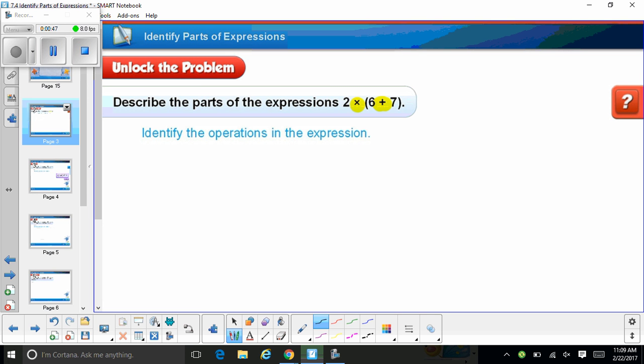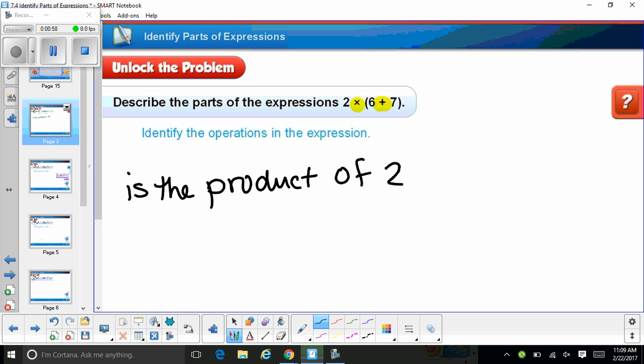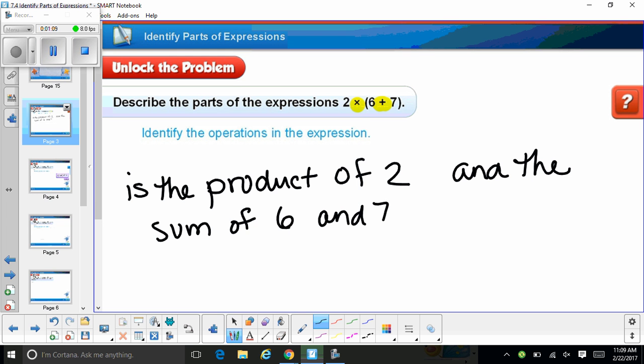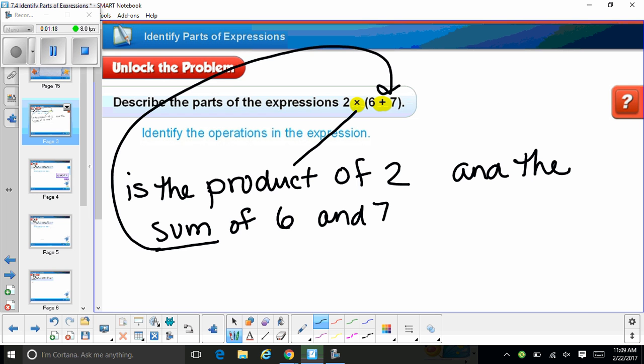And so a word expression that I might see is the product of 2 and the sum of 6 and 7. So the word product I'm using because I have multiplication. The word sum I'm using because I have the operation of addition.